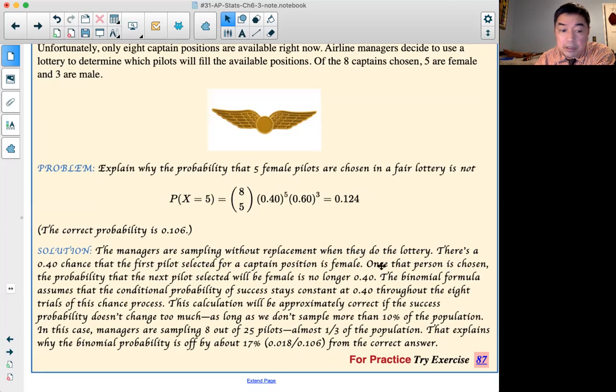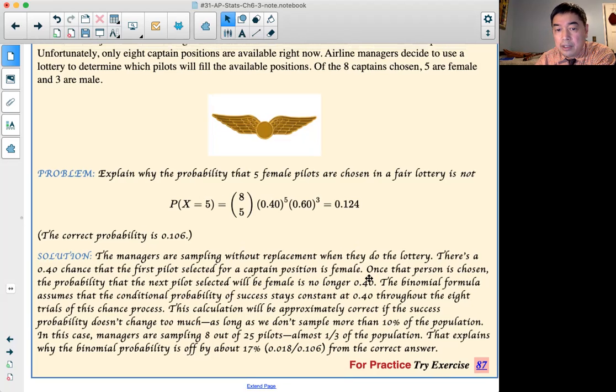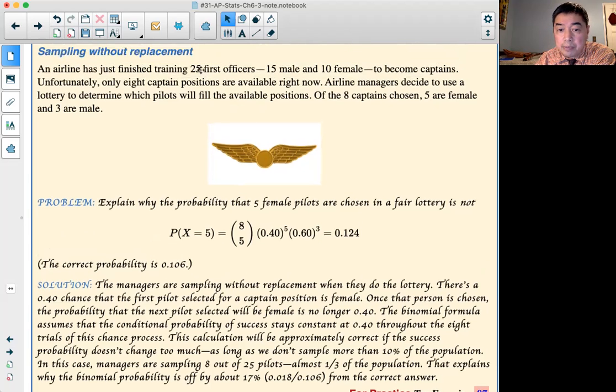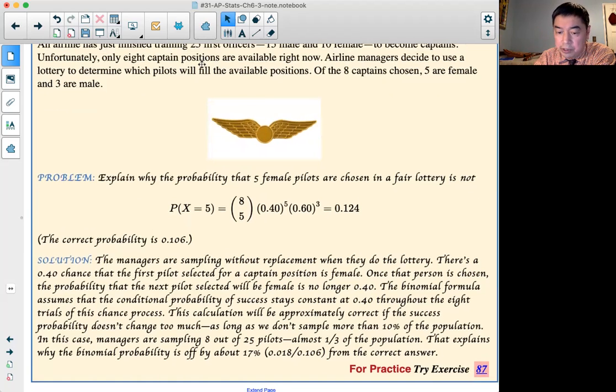Once that pilot is chosen, the probability that the next pilot selected will be female is no longer 0.40, right? In fact, what is that? Out of 25, a female was chosen, so it's going to be 14 out of 24, because the first lady has been chosen.